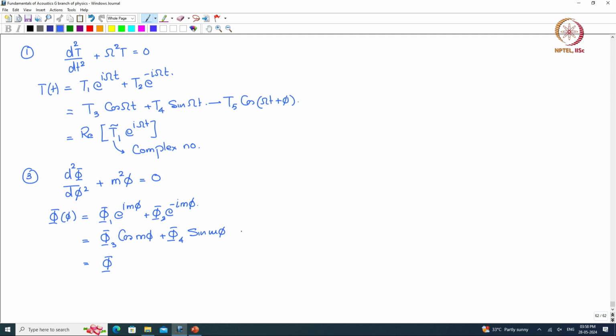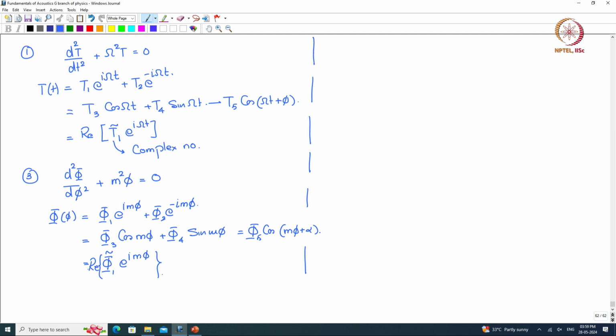So this is again equal to some phi 5 cos of m phi plus an alpha. Okay, so we will write it as some phi 1 tilde e to the power i m phi, and we will take the real later.